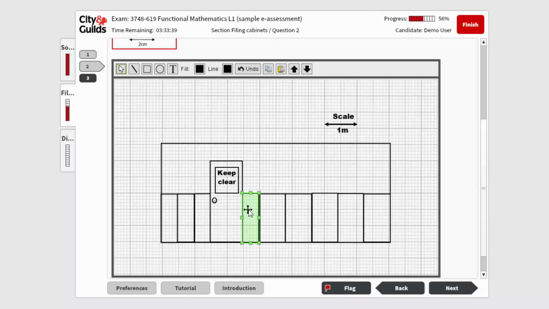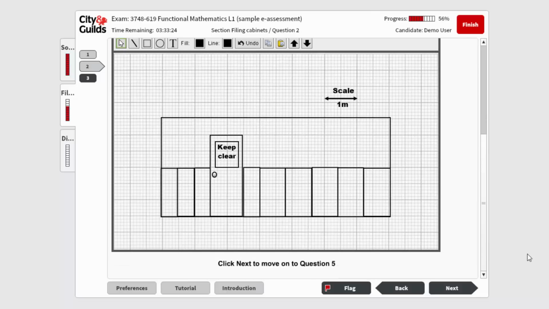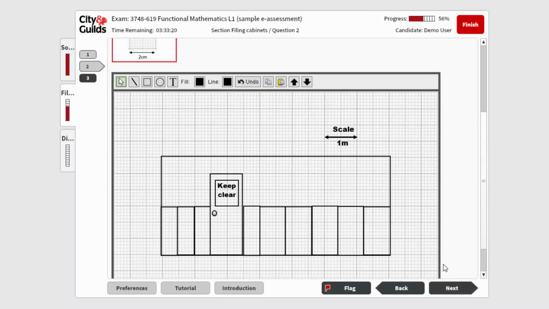That's about right. It's not the best drawing tool in the world.